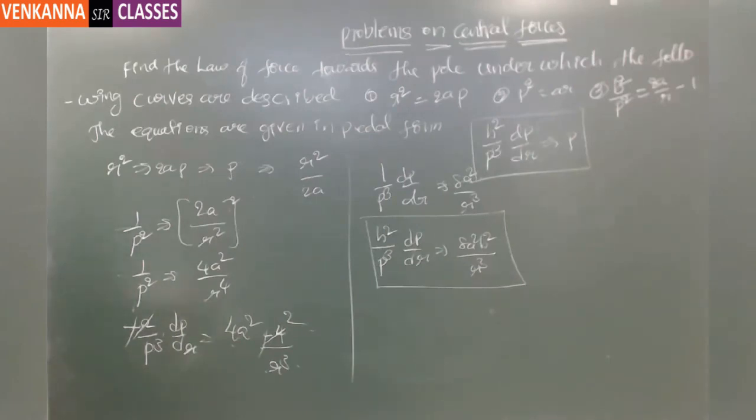In the similar manner, you can solve the other one. So p square equal to ar. That is the equation of the parabola in pedal form. So Vishal, actually question number 10 and 13, that level of complexity you don't expect. That is actually too complex, but the fundamental concepts are the same. And the solution of the differential equation is a little tough.